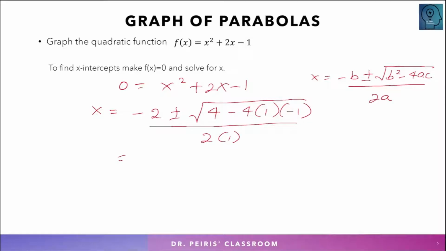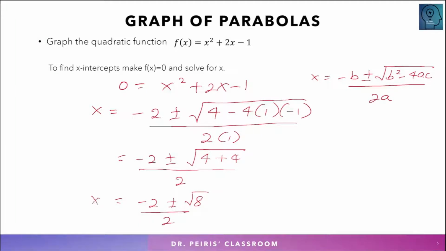If we simplify this, minus 2 plus or minus, negative 4 times negative 1 becomes positive 4, so 4 plus 4, divided by 2. Negative 2 plus or minus the square root of 8 over 2. This is the x. Now we need to simplify the square root of 8. The square root of 8 is the square root of 4 times 2, which means radical 4 times radical 2, and radical 4 is 2.